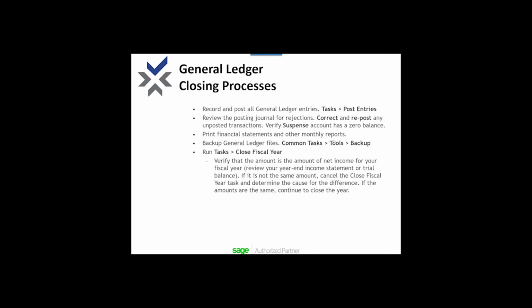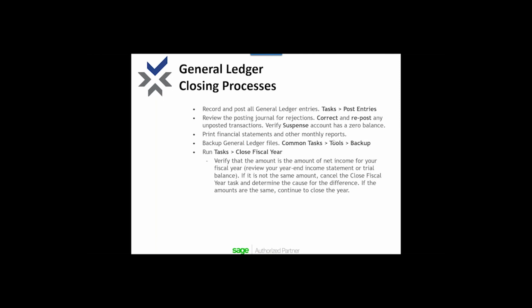I also recommend going into general ledger and looking to see what are the unposted entries and resolving them and clearing out your new general ledger transaction file. I'll show you what that looks like in a minute. Also, make sure your suspense account has no entries.